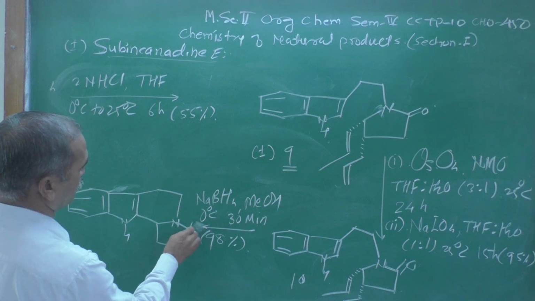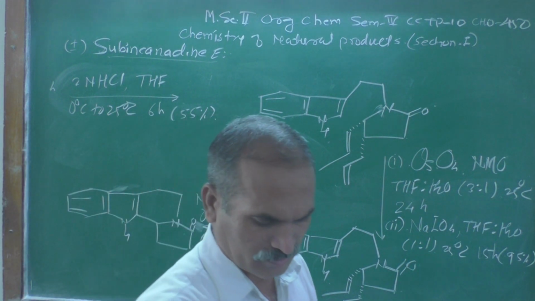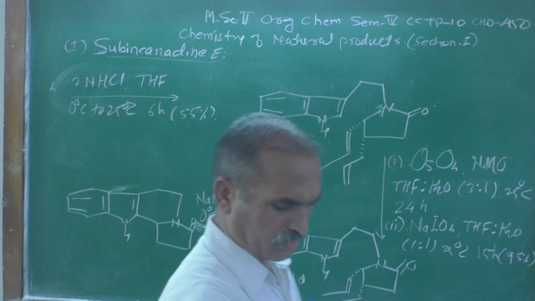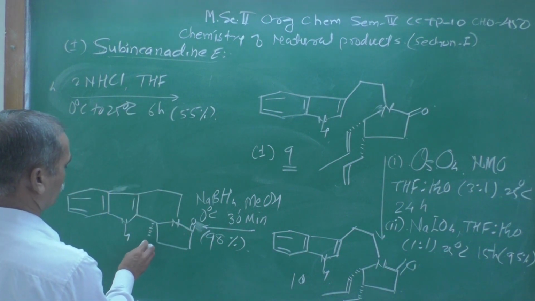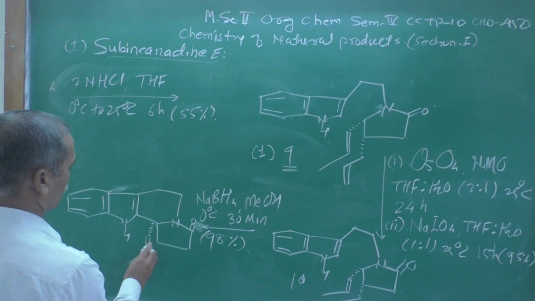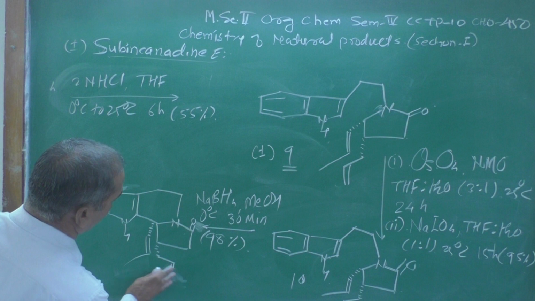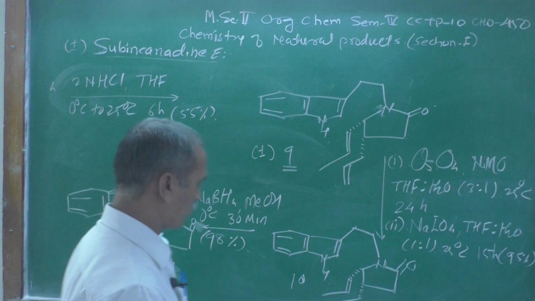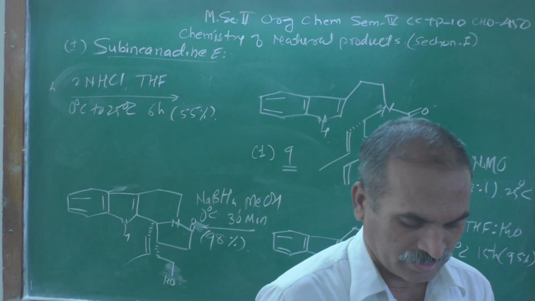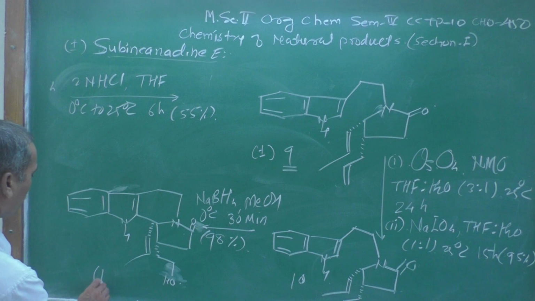Here you can show C double bond O, and here there is a reduction of the carbonyl group, we are getting the hydrogen, that is structure number 11.